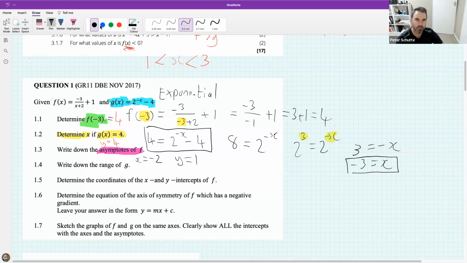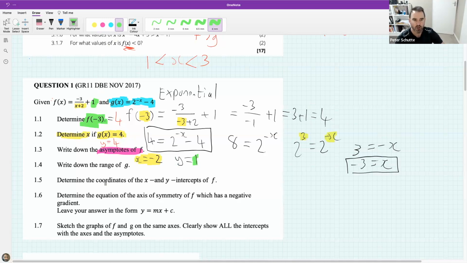To get the minus 2, I looked at what would cause division by 0 in f. And if x is -2, then -2 plus 2 is 0. And so that would cause the division by 0, which is what causes there to be undefined on the graph, the asymptote. And then the other asymptote just comes from that +1 there.